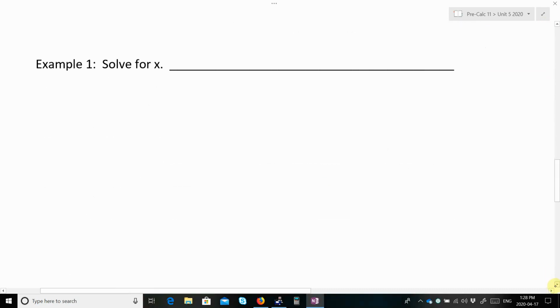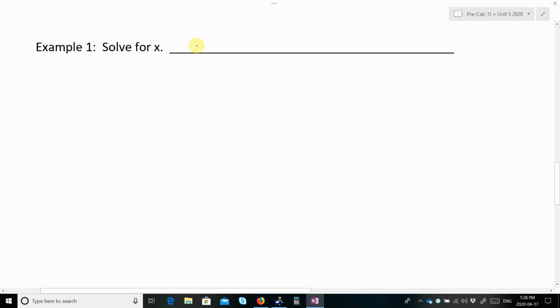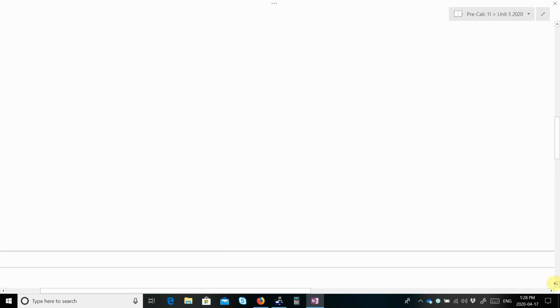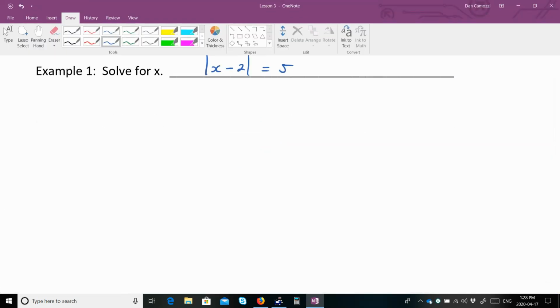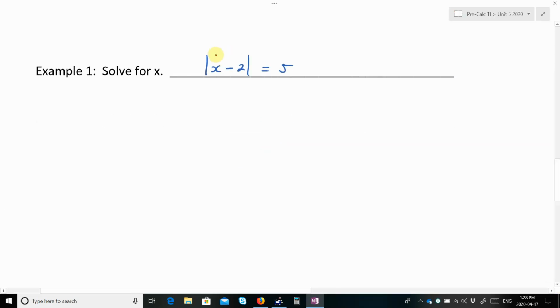Alright, so let's try example 1. Solve for x. The absolute value of x minus 2 equals 5. What is the solution to an equation like this? Okay. So, since the x minus 2 is in absolute value bars, guys, we have two situations that can happen.